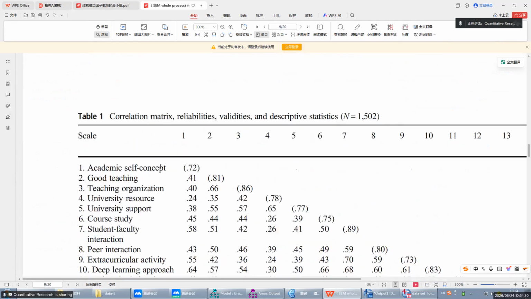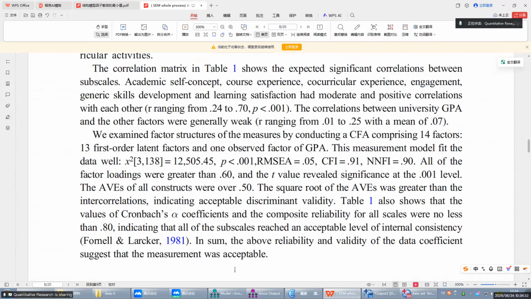Okay, you can see here. Okay, that's all. Next, the values of Cronbach alpha coefficients and the composite reliability, CR, for all scales were above 0.8, but the criteria is 0.6.